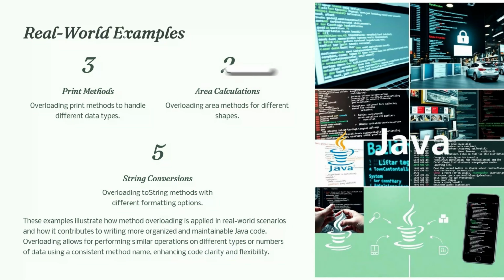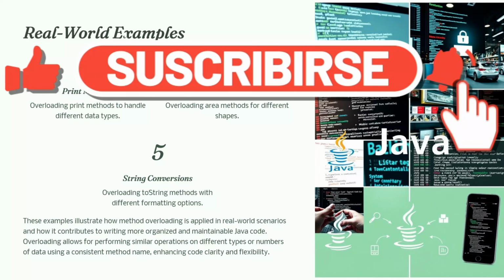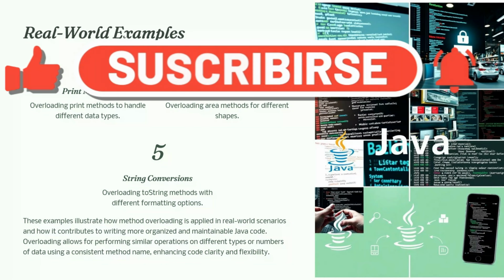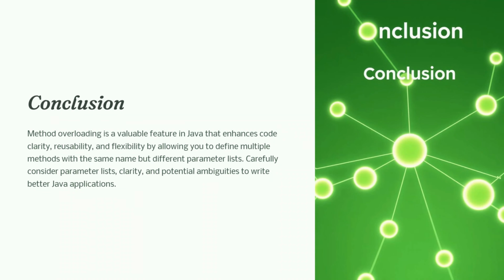Second, we'll discuss a complex or customized calculation where we'll accept different sets of inputs and produce results. There are also different string conversions, so we have some overloaded toString methods with different parameters, and I'll show you the code as well. Let's jump into the code right now.